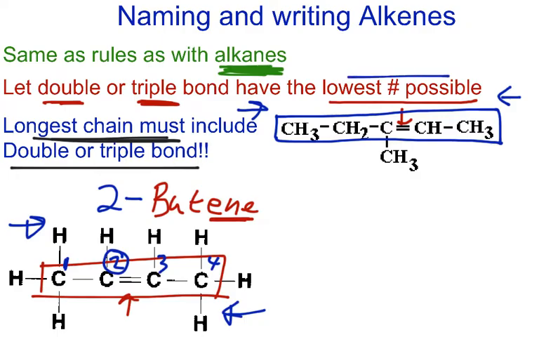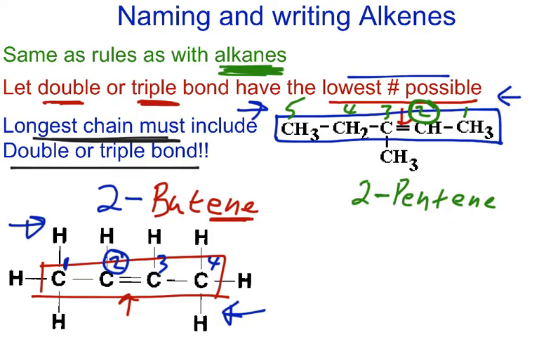It seems as if we count from right to left, we'll get 1, 2, 3, 4, 5, where our double bond is coming out of carbon number 2. So 1, 2, 3, 4, 5 will give us pent. The fact that it has a double bond gives us ene. And since the double bond is coming out of carbon number 2, we simply say 2-pentene.